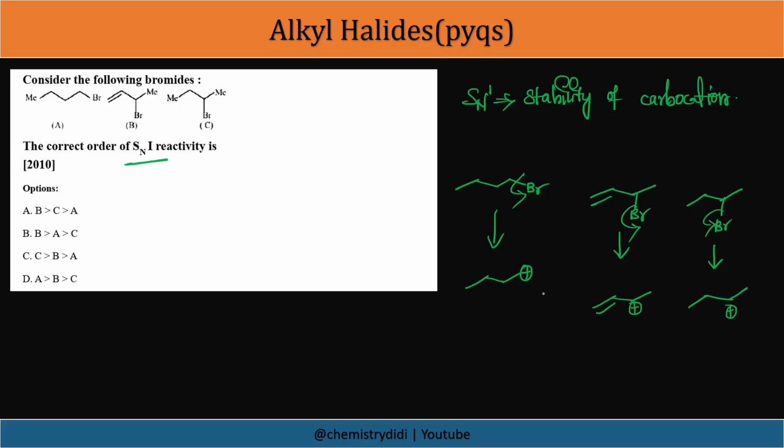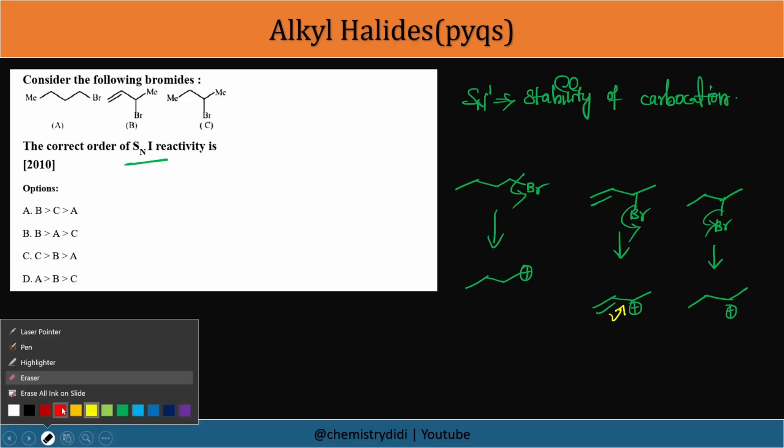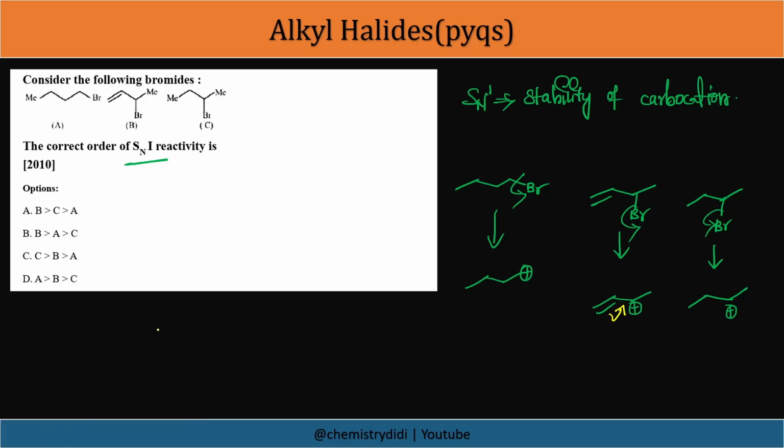Now you need to check the stability of these carbocations. Now it's simple, right? So here this carbocation is getting stabilized through resonance and at the same time plus I effect also, right? Whenever there are multiple displacement effects, you need to give the priority to resonance first, then hyperconjugation, and then inductive.